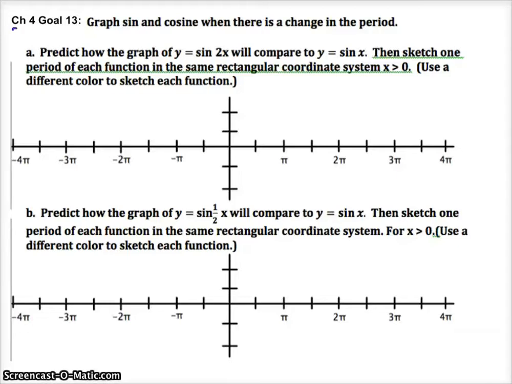This is Chapter 4, Goal 13, where you will be learning how to graph sine and cosine when there is a change in the period length.